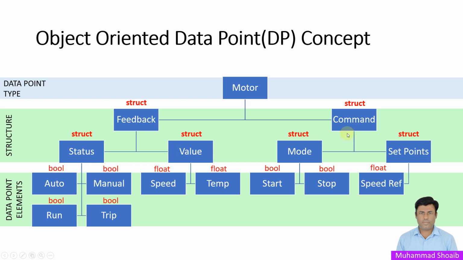Similarly, for the output, I have the digital output and the analog output. Before starting the data point object, you have to create a structure, and you have to understand what all the signals come under digital input, digital output, analog input, and analog output. So using the data point, first we create a data point type or template, and then we create a data point instance. That instance we will use in all our SCADA and graphics.